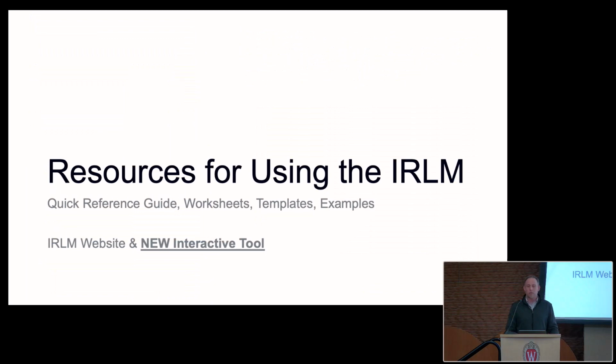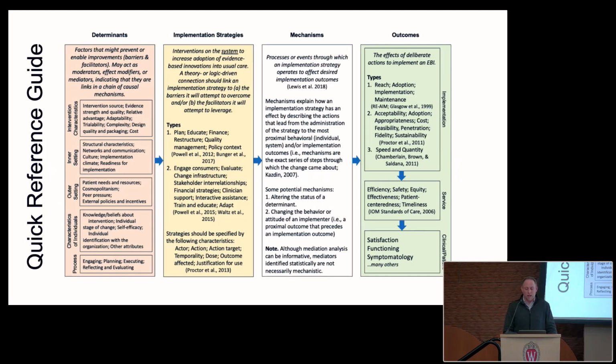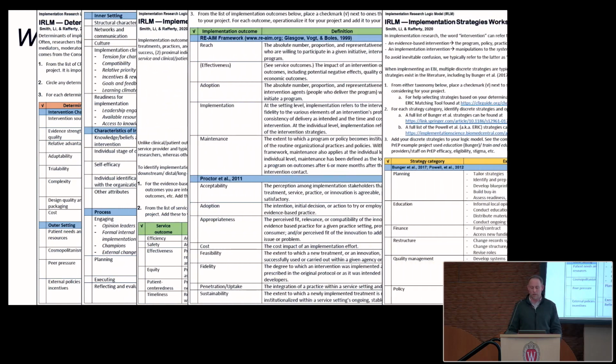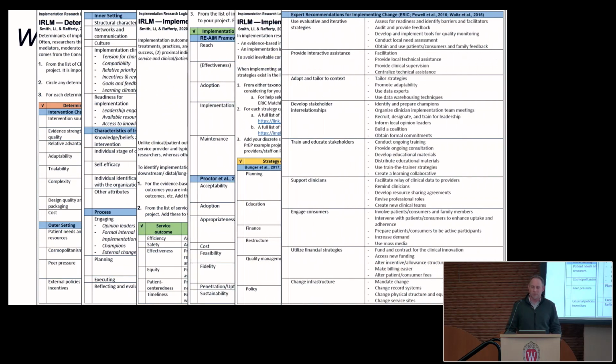There's a bunch of resources available for using the IRLM, and I just got another grant to update these and make them more contemporary and more useful. We have a quick reference guide that gives you a lot of definitions and examples of things that go into each box of the logic model, which is really nice to have next to you as you're working on it. We also have worksheets that go into tons of detail about each one of the things, with the exception of mechanisms.